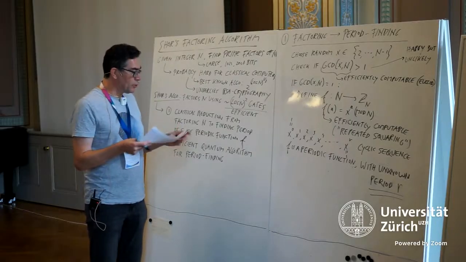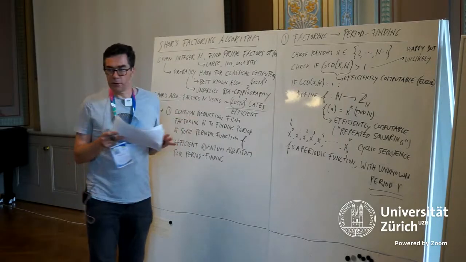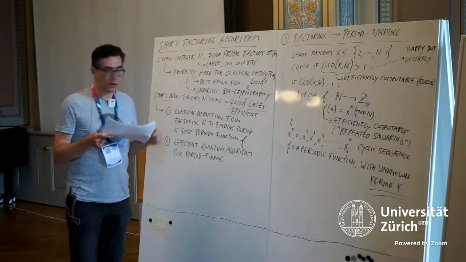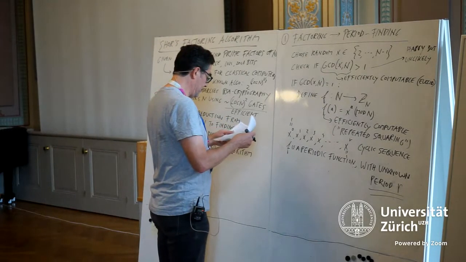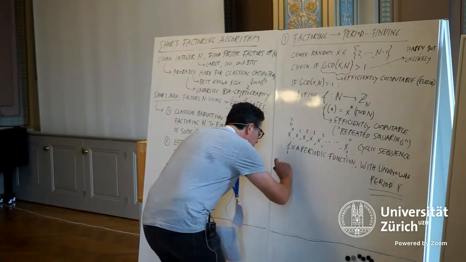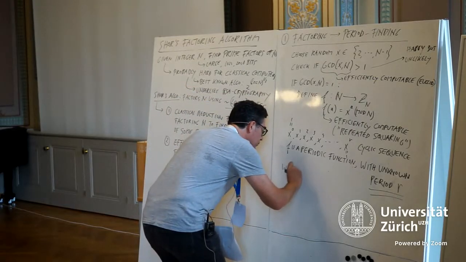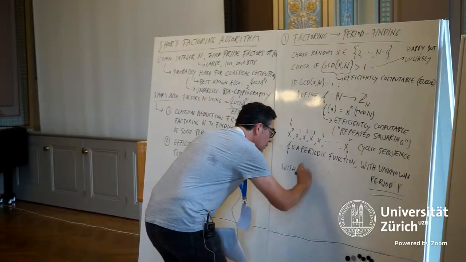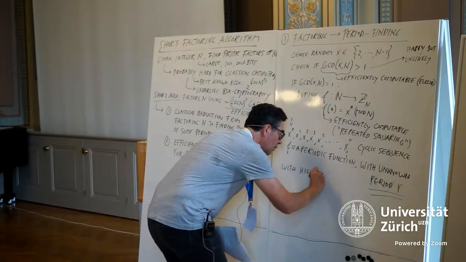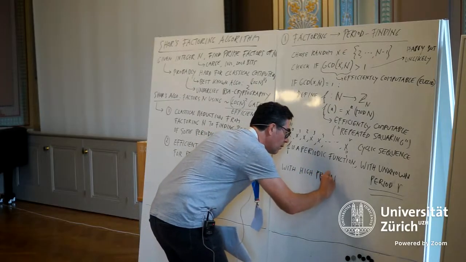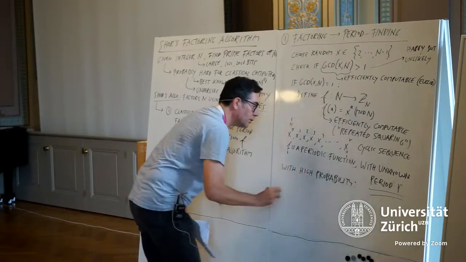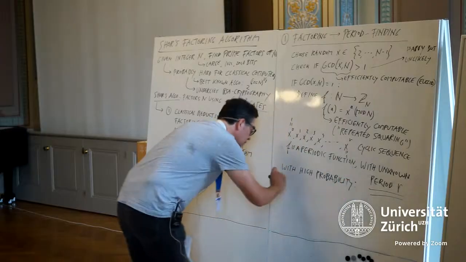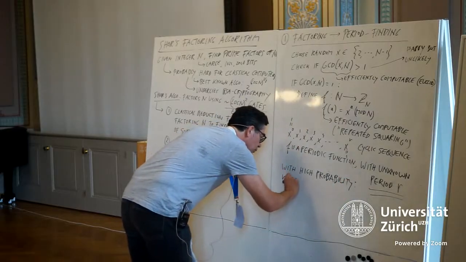And you can show that with high probability, and I'm not going to prove this, this is some combination of elementary number theory and a bit of probability. So with high probability over the choice of x, this unknown period r will be an even number, so a multiple of 2.